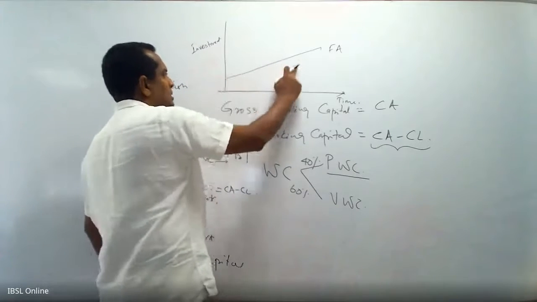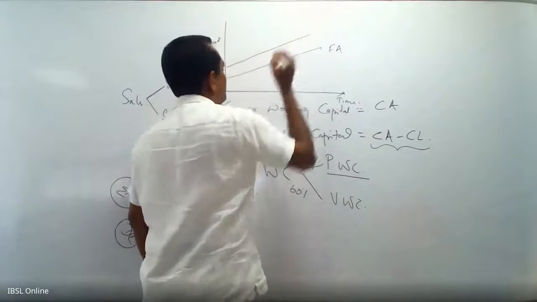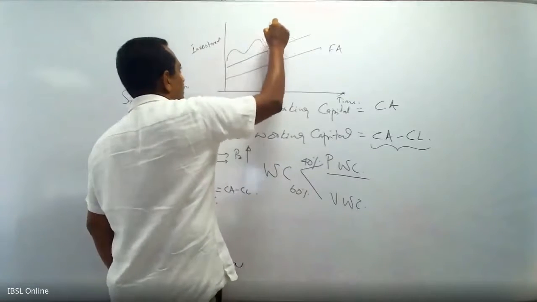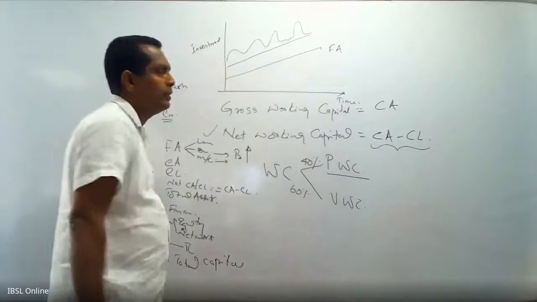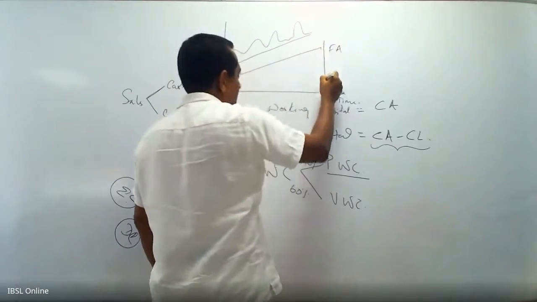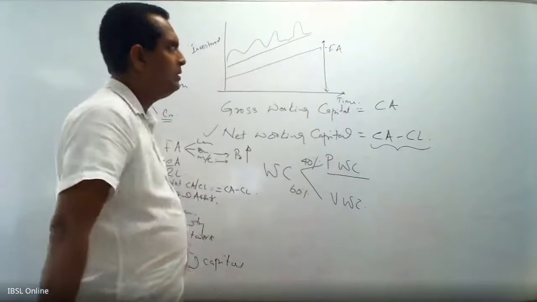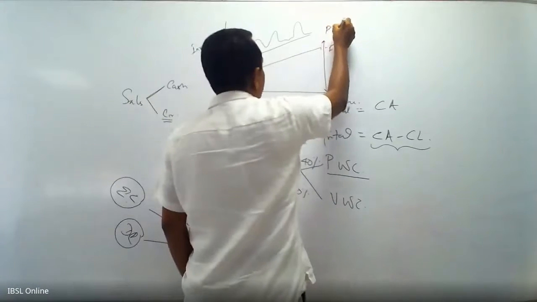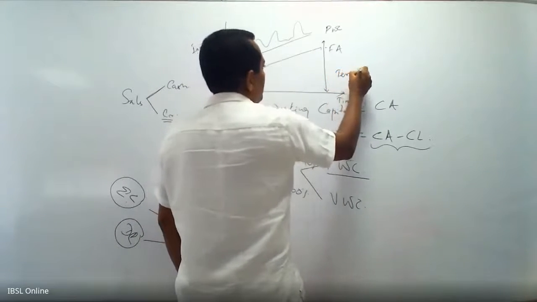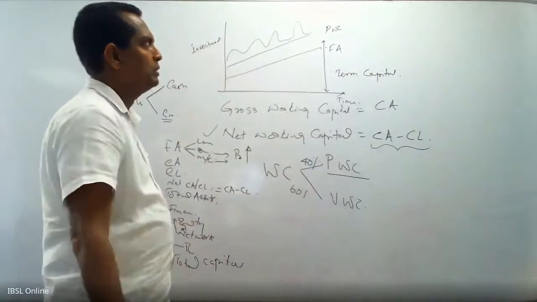You are increasing your machinery, so your production goes up, so your permanent working capital goes up. Then the same way your variable working capital also goes up, right? So when we come to funding, the entirety of fixed assets and part of permanent working capital has to be funded by term capital, which can be equity or term loans.